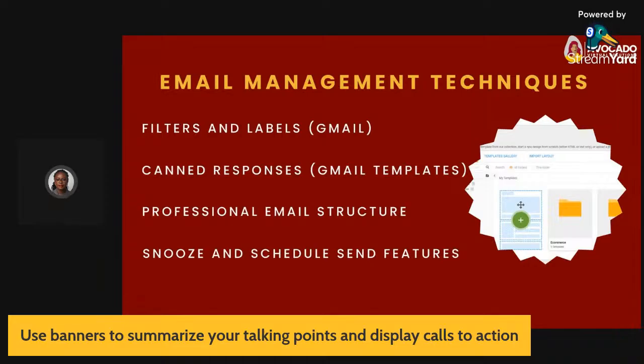And then we have snooze and schedule send features. With the schedule feature, maybe you say, okay, today I just want to focus on sending emails. And so you write out, with the help of the AI I showed you, 15 emails that you want to send in the course of 15 days.